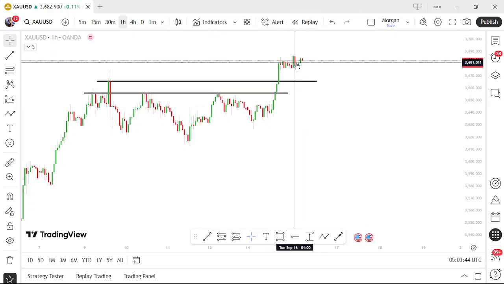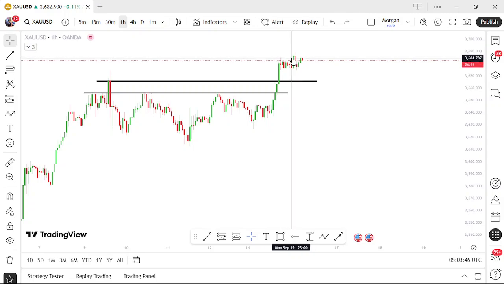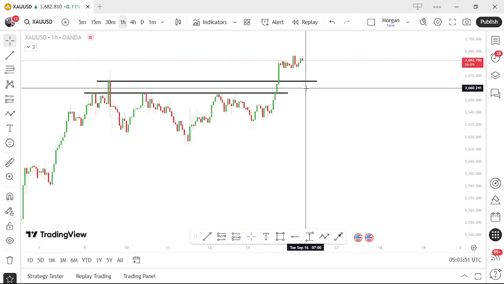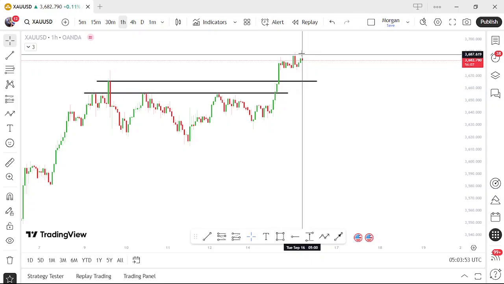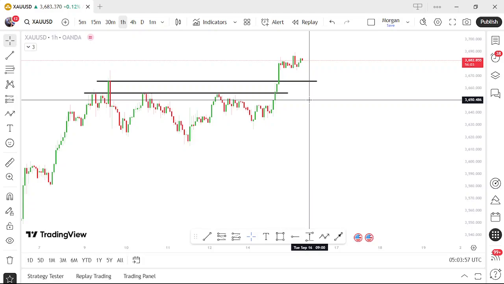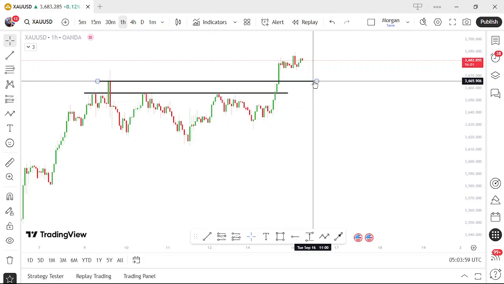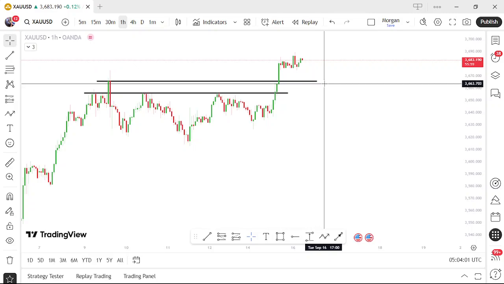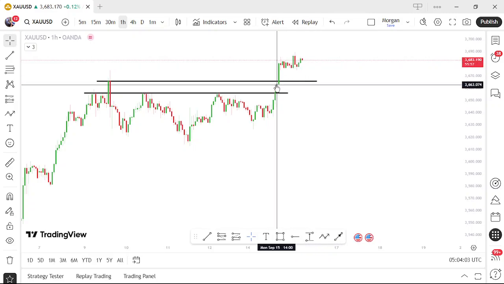Price has given us an indication of where it wants to go. So right now, all we literally have to wait for is for price to correct itself. After the correction, we can definitely get back on the trade on the continuation above these zones, because gold has shown us that it wants to go high, right?